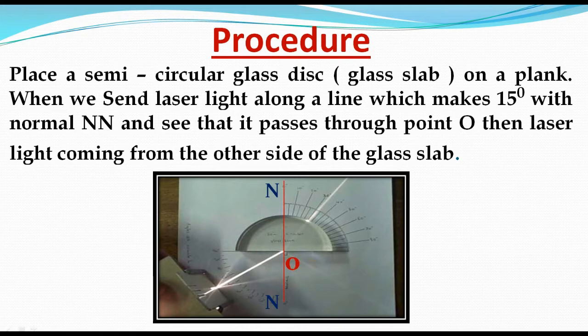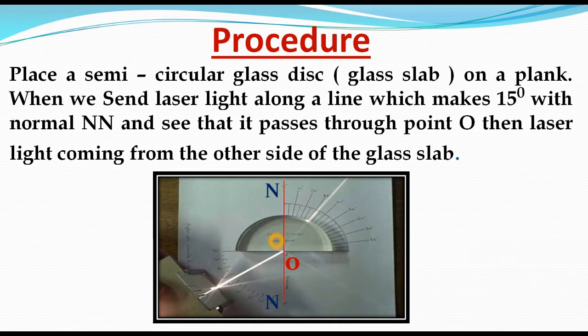Now we have to arrange the laser light, which gives a thin beam of light. This laser light is incident on the semicircular glass slab at O, that means at the point of incidence. We know that this ray in the beginning travels through air and enters into glass.